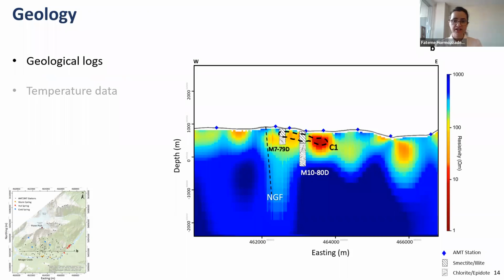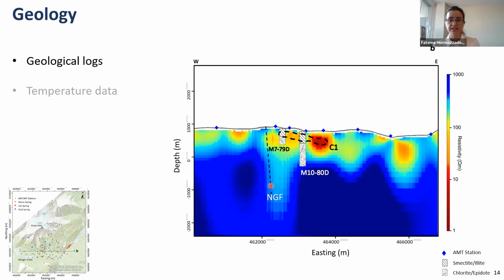Electrical resistivity, as we know, is sensitive to temperature, clay minerals, and presence of liquid. So the geology interpretation and comparing that with a resistivity model would be very helpful to have the conceptual model. So we selected one of the profiles in the model that is intersected by two boreholes.